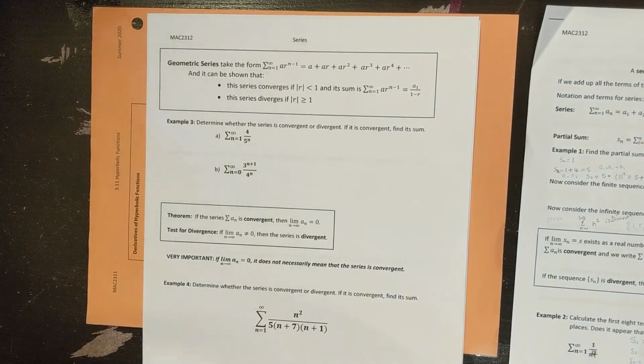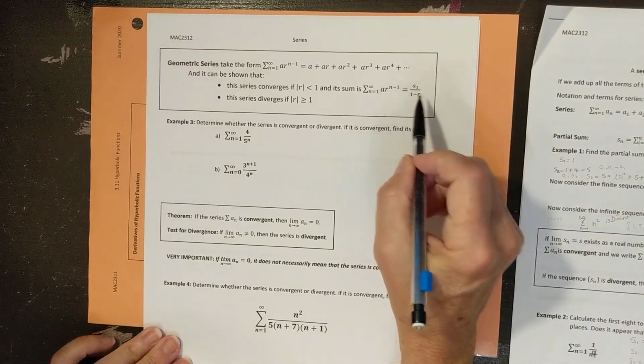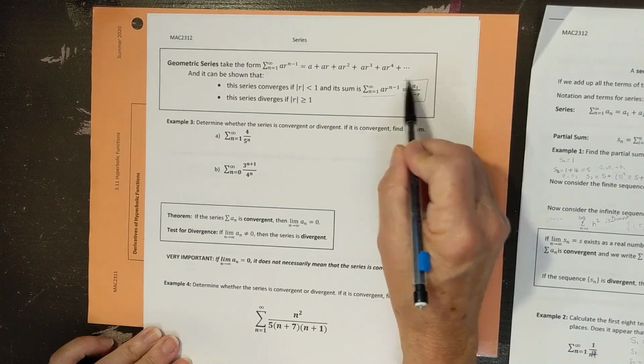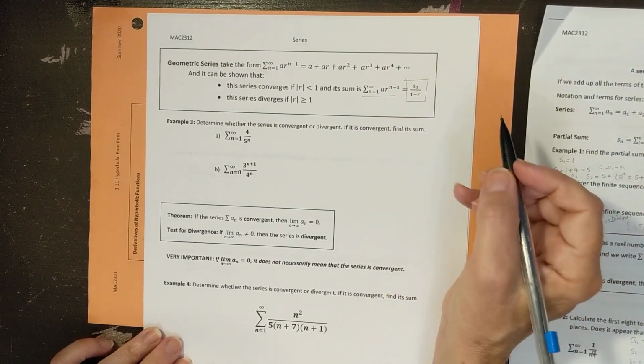So it can be shown that if you have a geometric series, if the absolute value of the common ratio r is less than 1, then it will converge, and you can find its sum, which will be equal to a sub 1 over 1 minus r.